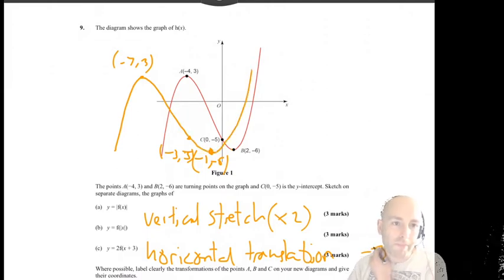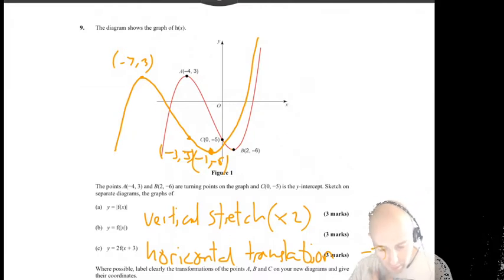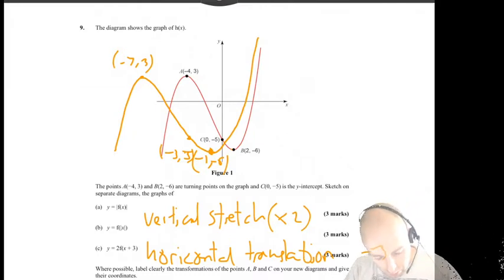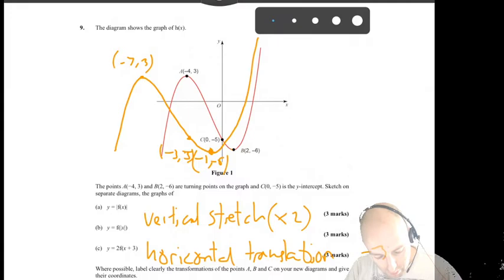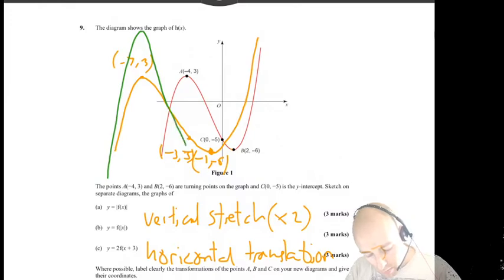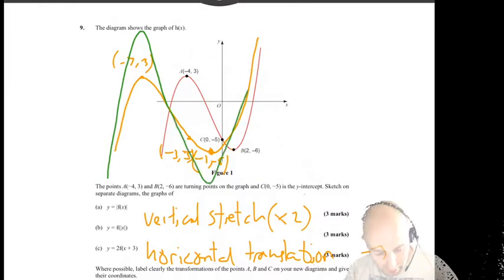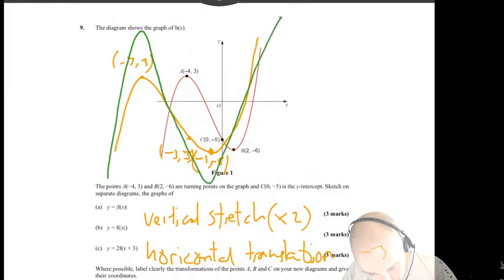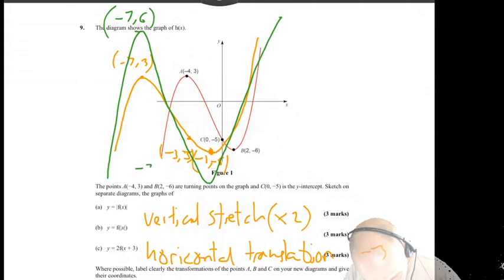Something like that. Okay, and now we need to stretch it by a factor of 2. So I'm going to basically accentuate the peaks. So this point here, -7, 6. This point here, -3, -10.